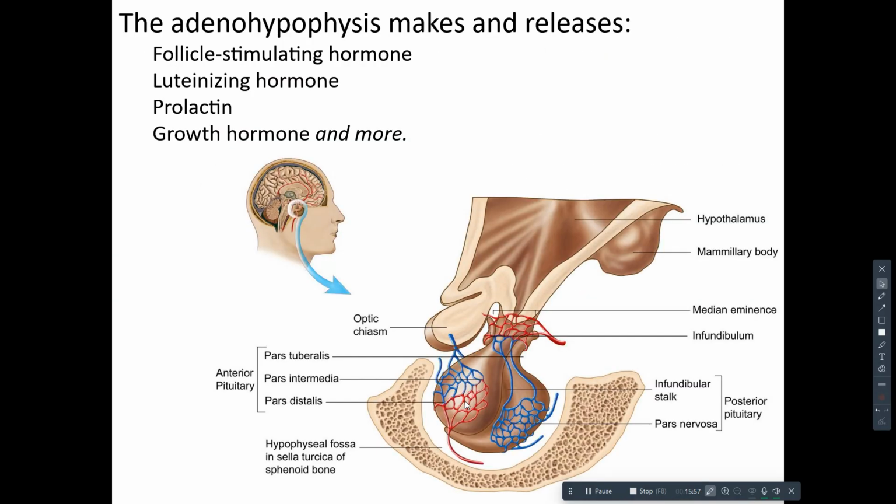Now, my adenohypophysis, which is my anterior pituitary, is going to release several hormones, including some reproductive ones like follicle stimulating hormone and luteinizing hormone, as well as one involved in milk production, prolactin, one involved in the growth of muscles and bones, which is growth hormone, and there are even more. So my adenohypophysis makes and releases these.